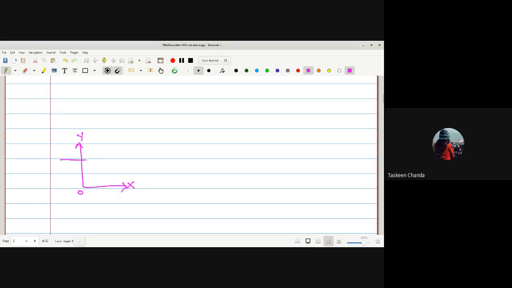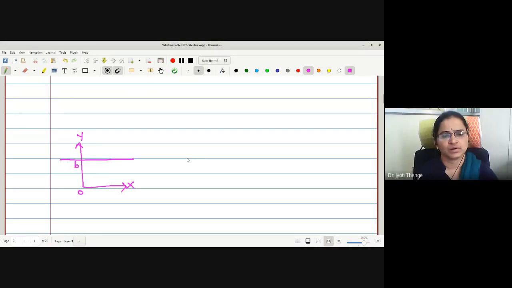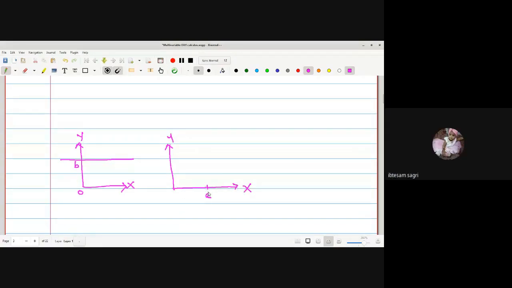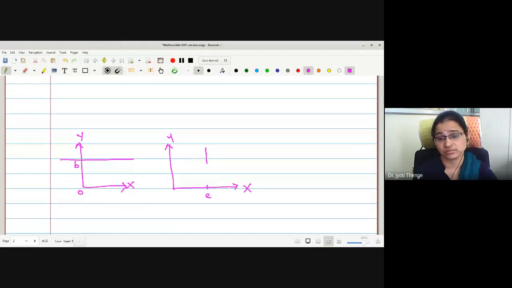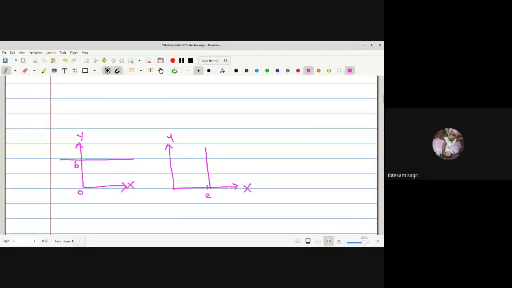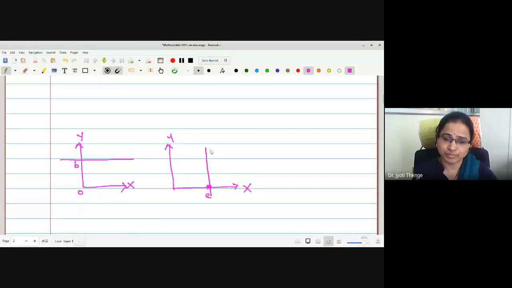Correct? A horizontal line that cuts at y equal to b, that is, a line perpendicular to the y-axis. If it is x equal to a, it is a line parallel to the y-axis, sorry, a line perpendicular to the x-axis. Correct?